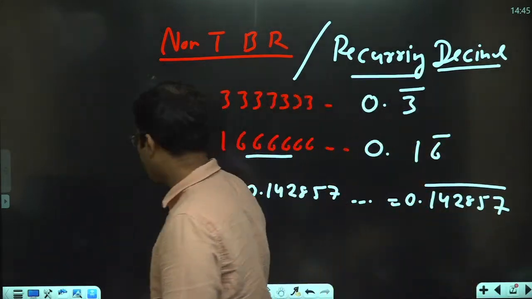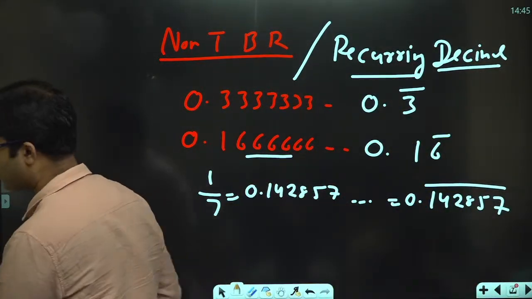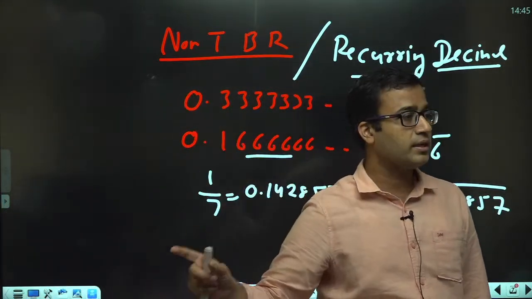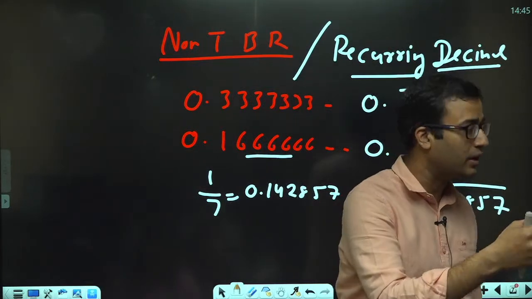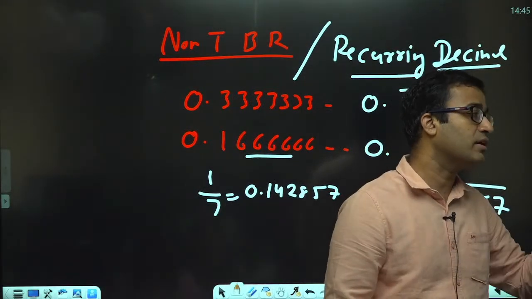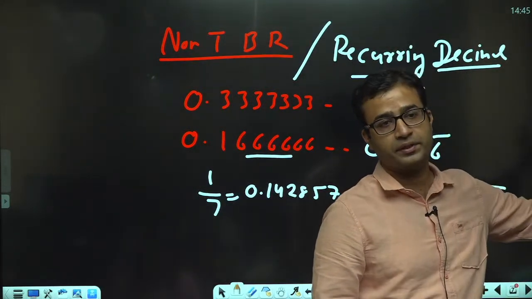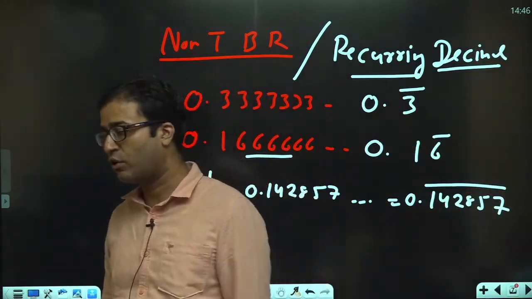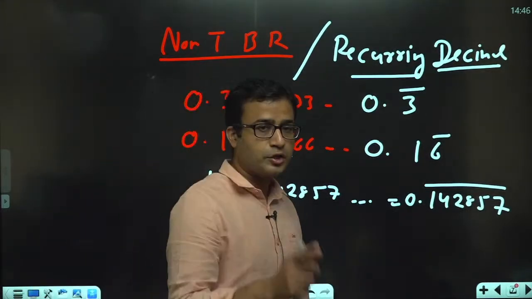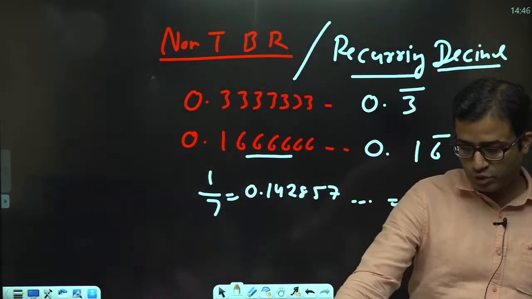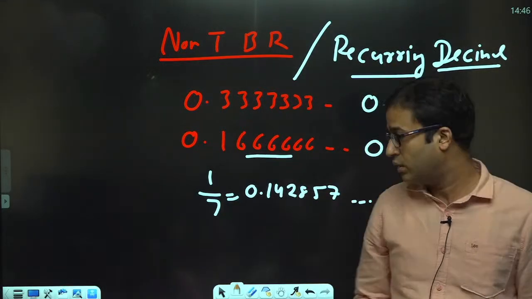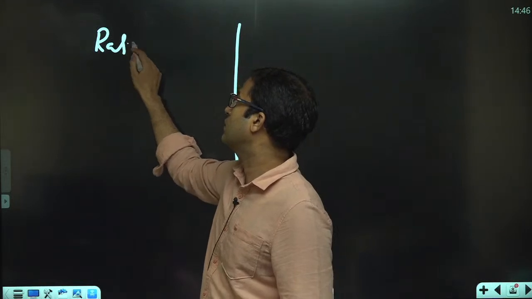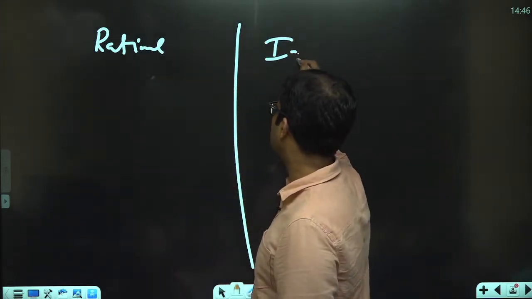Okay, and here is an extra point: when we convert rational numbers to decimal, they are terminating, or non-terminating but repeating, whereas irrational numbers neither terminate nor repeat. There is one homework for you at home. In your notebook you will draw one line; on one side write rational number, on the other side write irrational number.